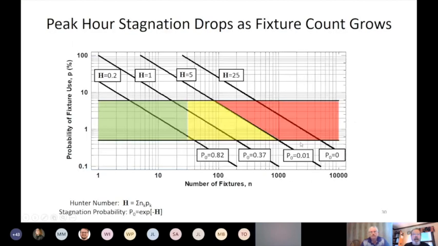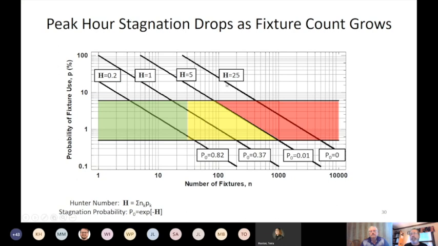What I've shown here now is returning to this diagram that shows this shaded area that identifies the range of interest for probabilities of use from about 0.5 to about 5%. And we've got size of buildings from 1 to 10,000 fixtures. And then these lines across here are lines of constant Hunter numbers. So I've got Hunter numbers of 0.2, 1, 5, and 25.